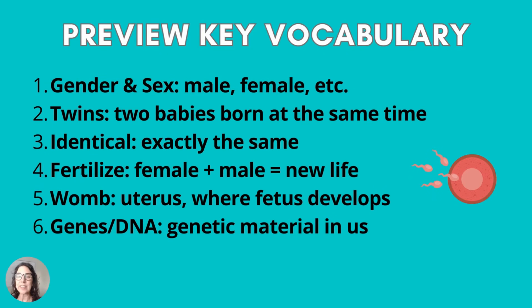So first, let's preview some important vocabulary. The first word is gender and sex. Now, sometimes these words are used interchangeably, but we know now more about the difference between gender and sex. Sex is the biological sex that you are born with, so male, female, but gender is the sex that you identify with.